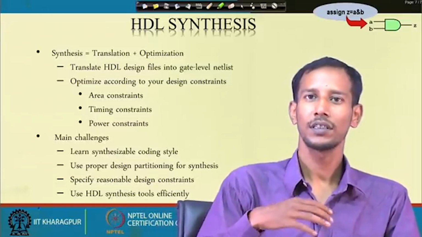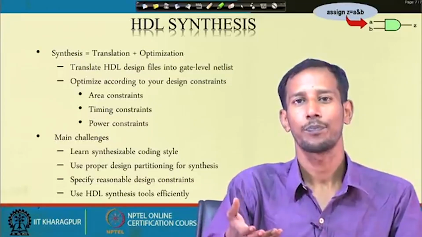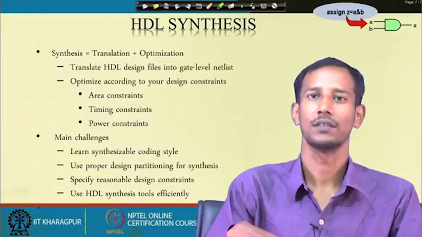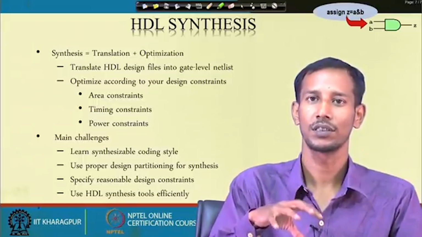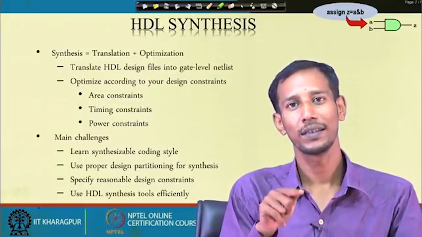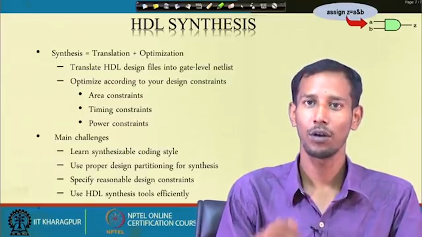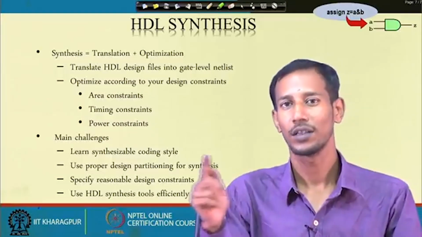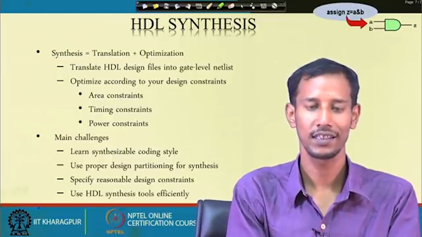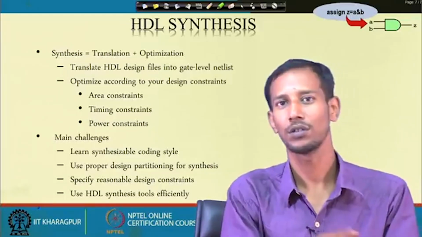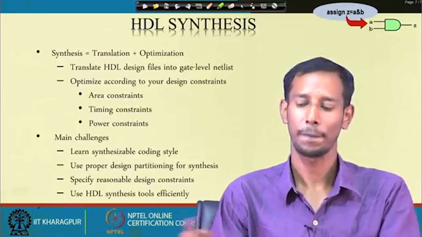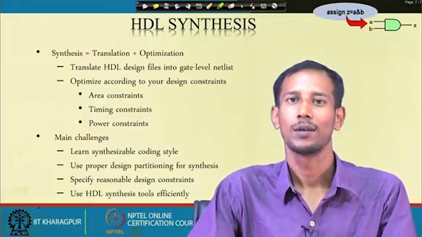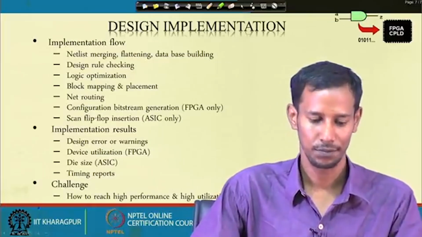Manually you do the optimization and then let the tool do more optimization on your described system. We will see this manual optimization procedure from the HDL expression or logical expression to the gate level expression, and how to do that in this particular course.